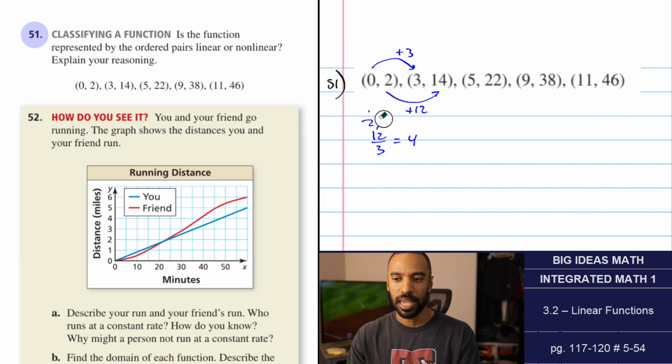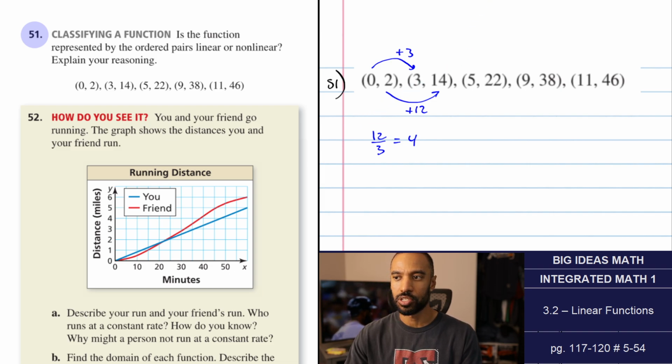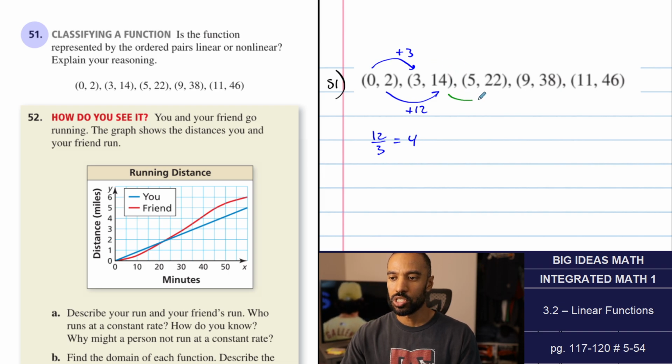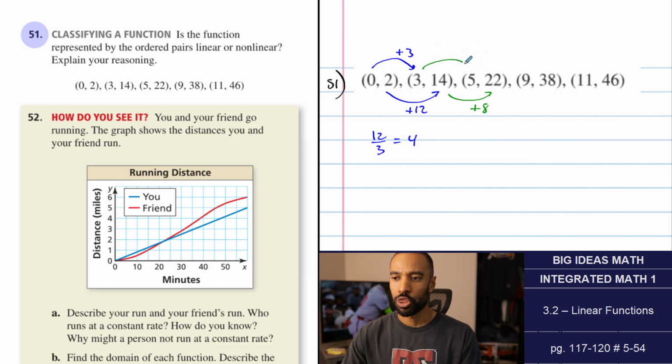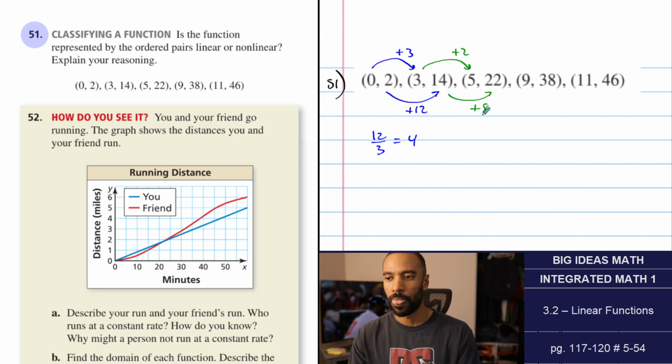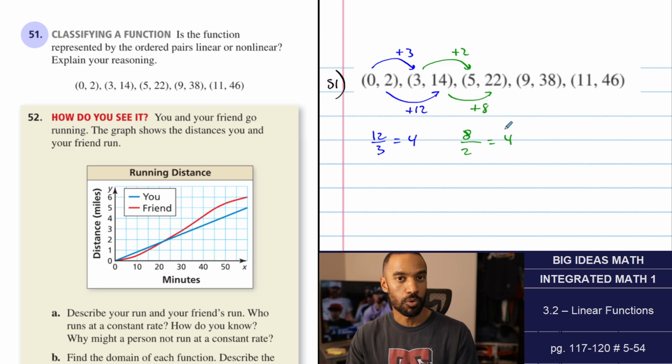Does this happen in each other scenario? Now, I'm not willing to try everything under the sun, but I'm going to try from one to the next in the same way. Let's go from 14 to 22. That's an addition of 8. And 3 to 5, which is an addition of 2. As y increases by 8, x increases by 2. That's a change of 4 for every one.